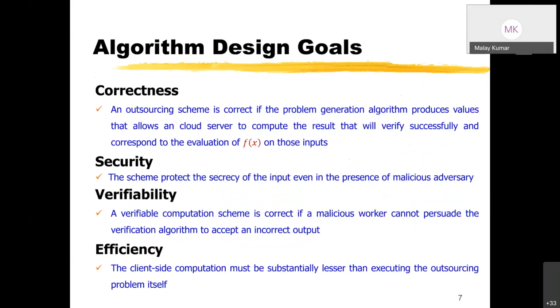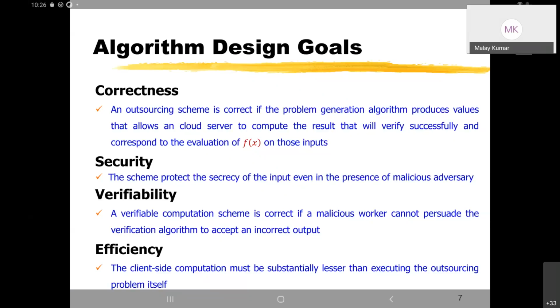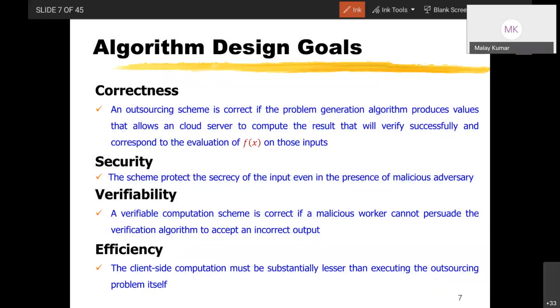So there are a few design goals whenever you are designing any secure outsourcing algorithm. The first goal is correctness. An outsourcing scheme is correct if the problem generation algorithm produces a value that allows a cloud server to compute a result that will be verified successfully and correspond to the evaluation of the function f(x) on the input x.